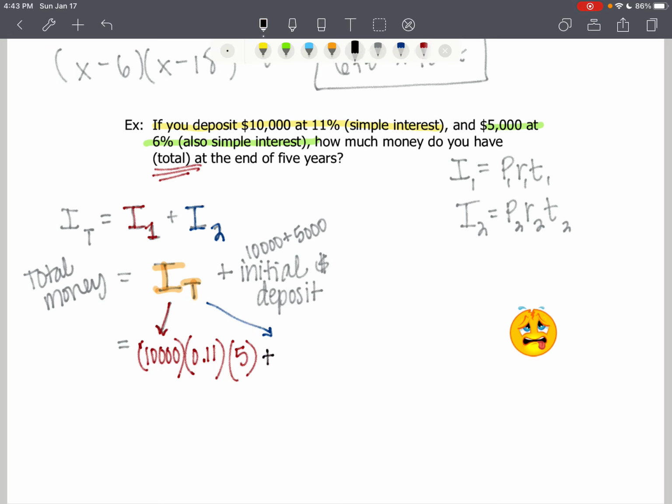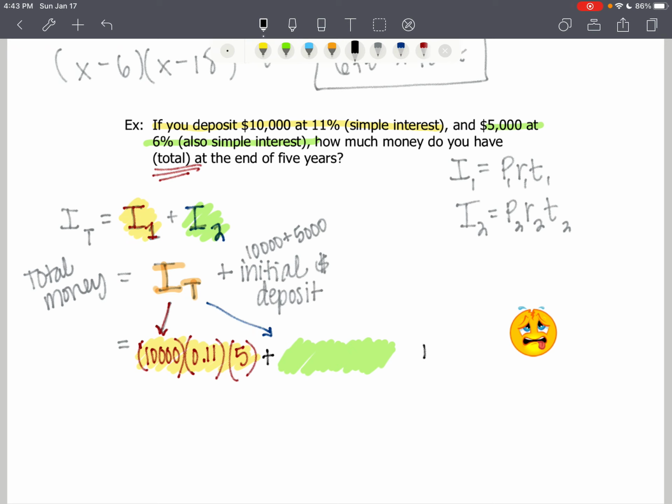Then we're going to add to that our second interest. So this is our yellow right here. And now we're going to do our green.